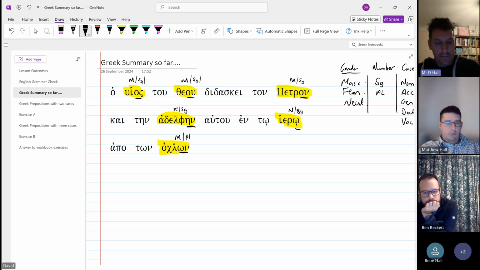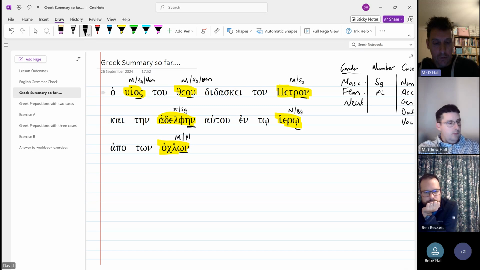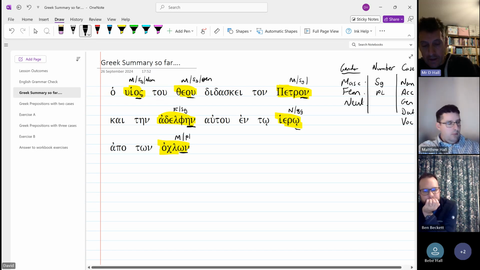All right, so we looked at all of that, and the endings that we find, just for completeness here. This was a nominative ending. This one was a genitive ending, which you may well spot is quite often keyed by the omicron upsilon at the end. This one is an accusative ending.